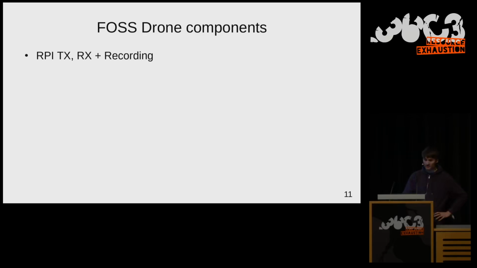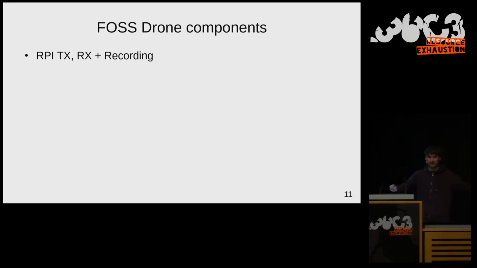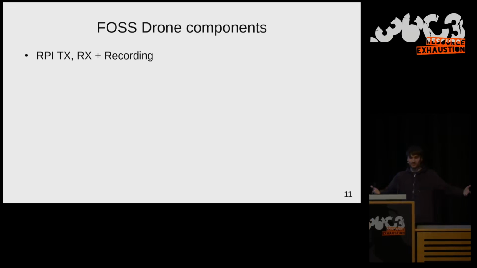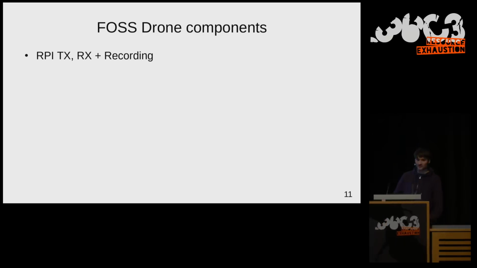One thing is, for example, I created a Raspberry Pi image that you can simply burn onto 2 SD cards. You put these into your RX and TX Raspberry Pi and switch them on, and you have a video link running. That's quite nice. And on the RX side, you have also support for recording. If you just add a USB stick to the Raspberry Pi, you will automatically record the video of that transmission.